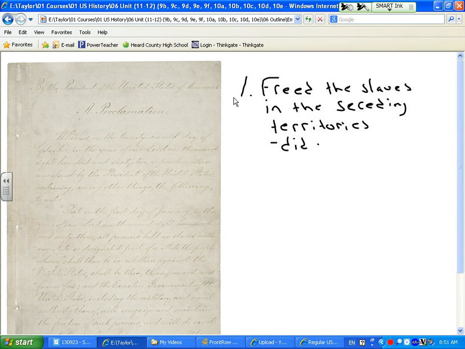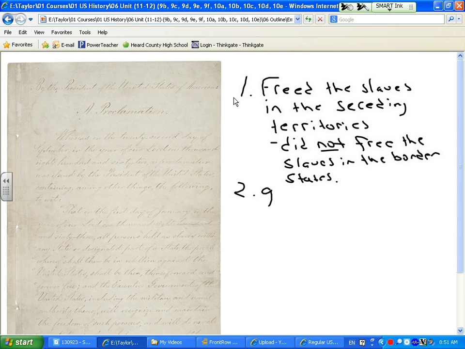Second, it gave the North a moral purpose to fight the war.